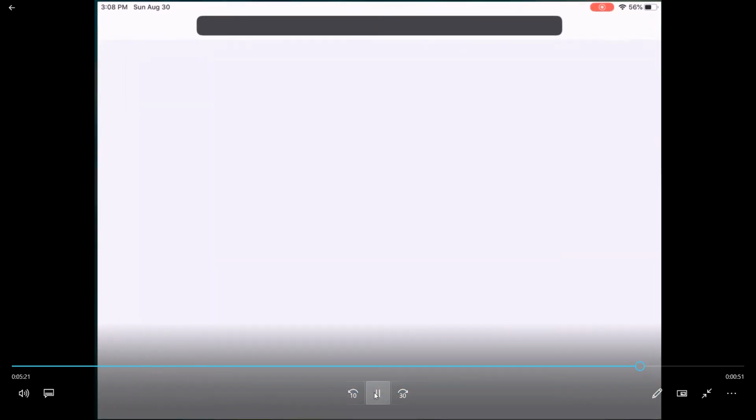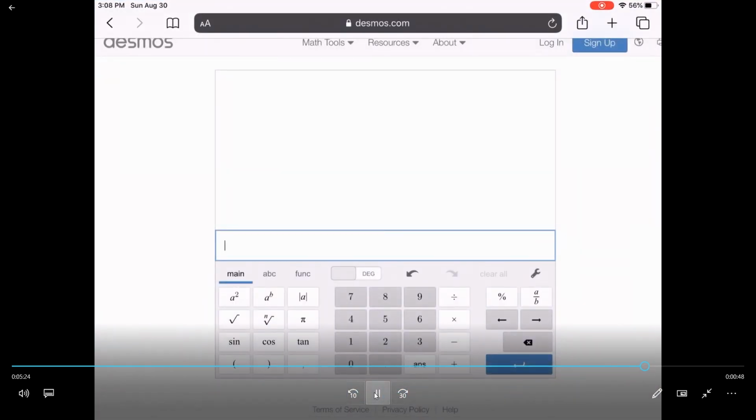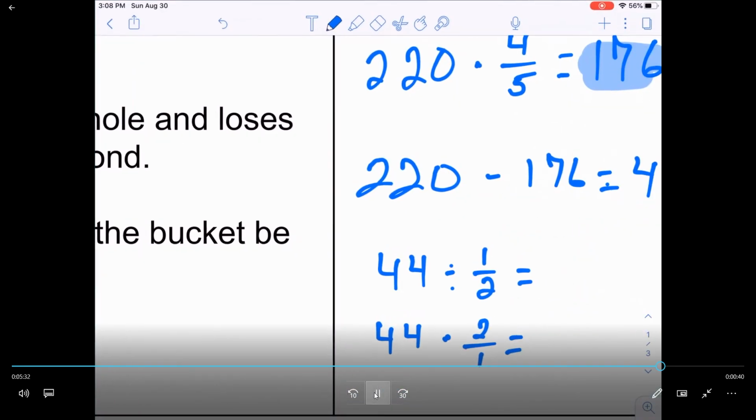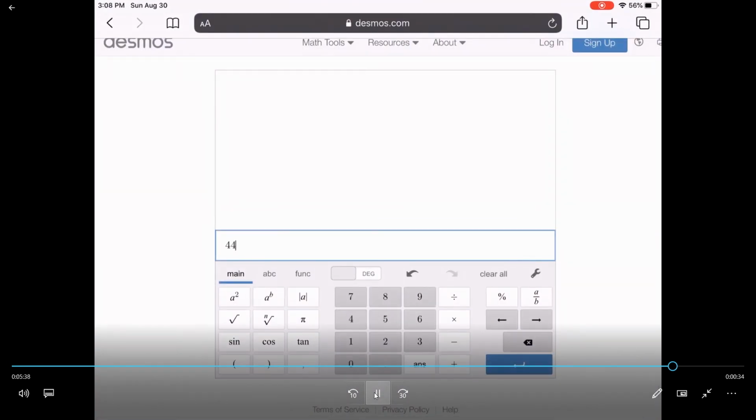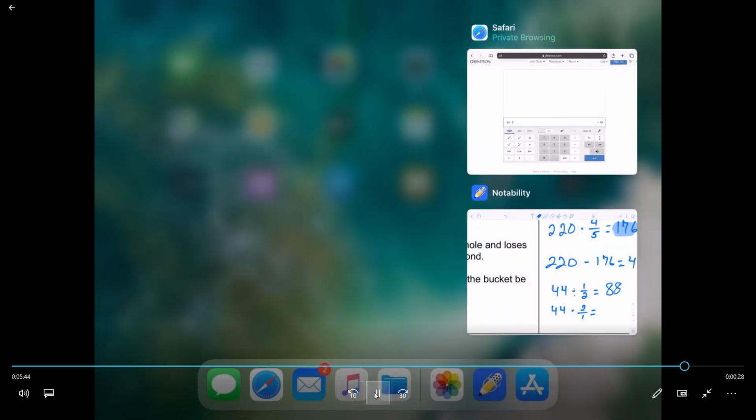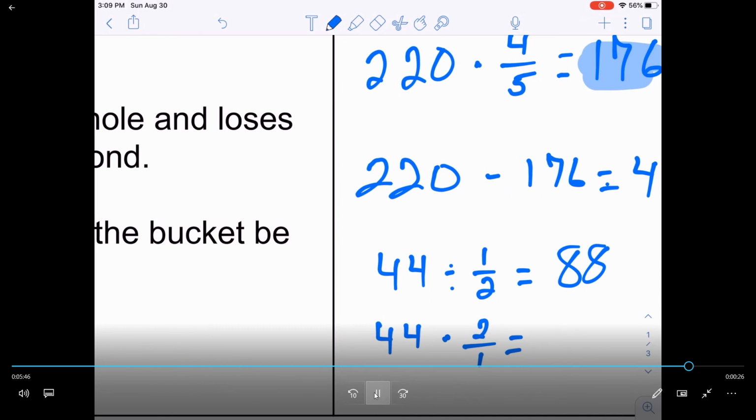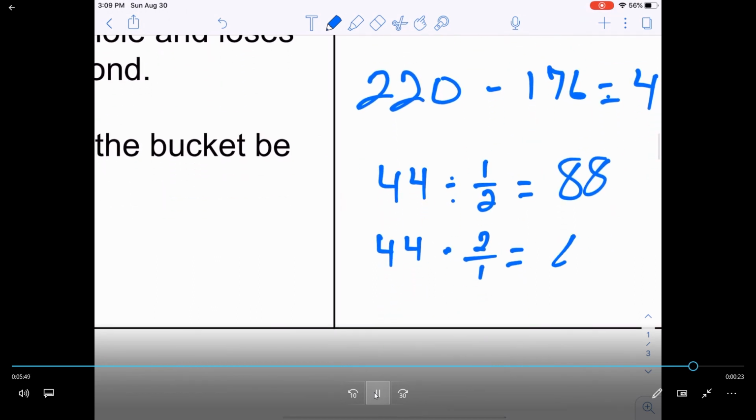But we can enter division into the fraction, so we're going to do 44 divided by 1/2. And I get the number 88. If you did keep, change, flip, you should still do 44 times 2, which still gives me 88. So my answer for this problem is 88 seconds.